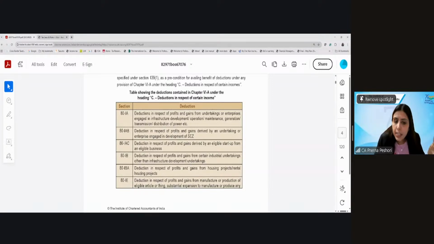If you file a belated return, you will lose the deduction under these particular sections. Are we clear? Any questions, any doubt? Yes? So let's take a break of 10 minutes and then we get back.